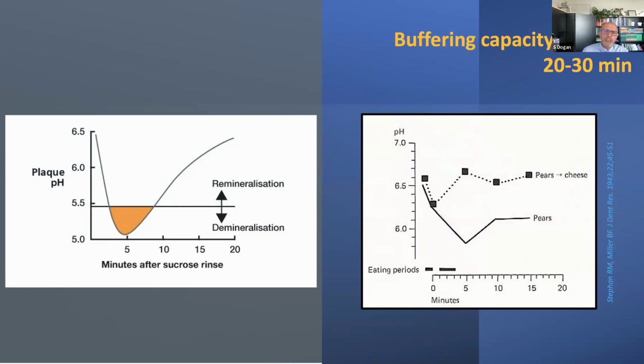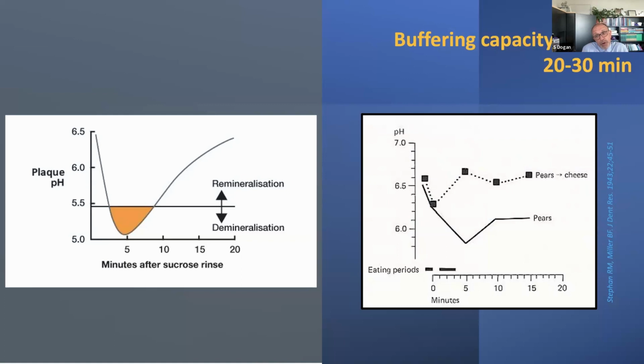But this remineralization has a balance in a healthy oral environment or healthy saliva. During the demineralization, let's say I have my lunch, and then I had a can of soda with sugar or no sugar, doesn't make any difference because they have a very low pH, around 3 to 4, and my saliva is very acidic, and then I will lose some minerals or ions from the surface of my tooth.